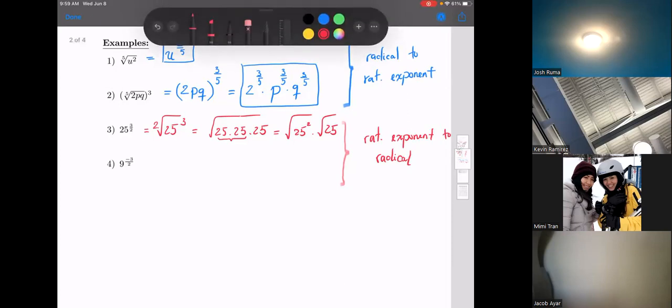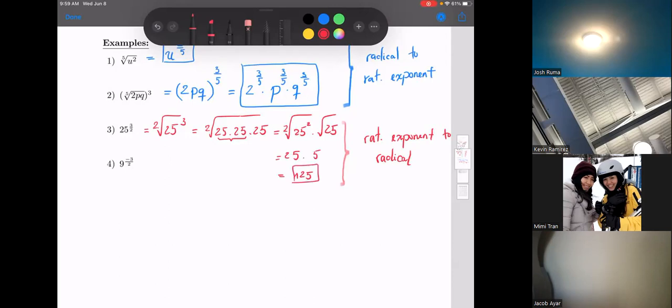I keep the 2 over, 2 divided by 2 is 1, so 25 equals 25 times, what's the square root of 25? 5, right? So 25 times 5 is 125.